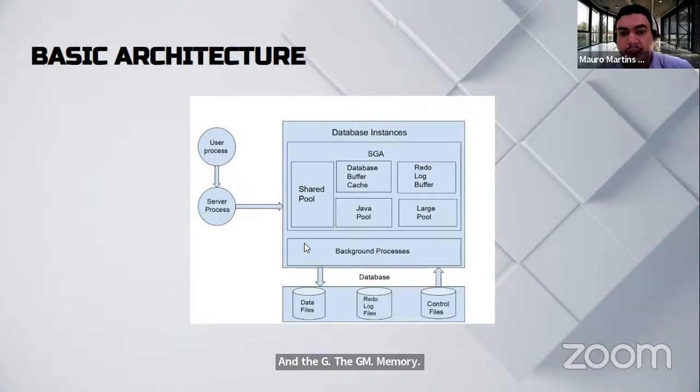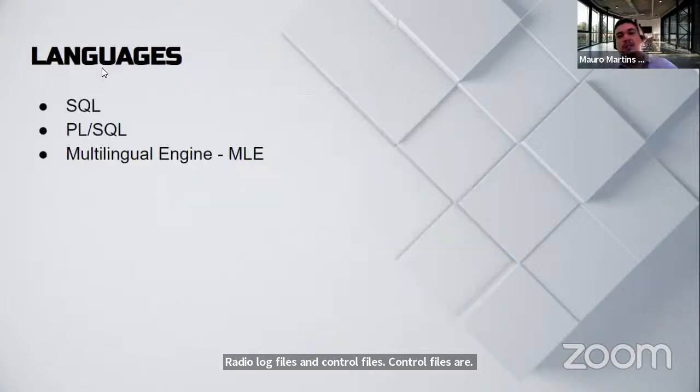Okay? And background processes. The database has many processes to write the data, to monitor the database, and so on. And the database consists of data files, redo log files, and control files. Control files are metadata of the database.